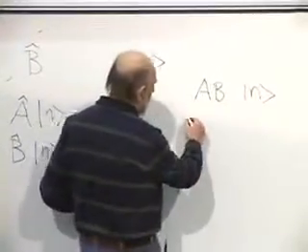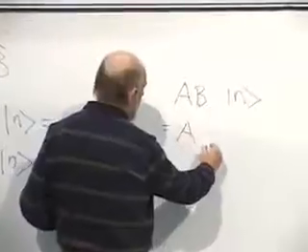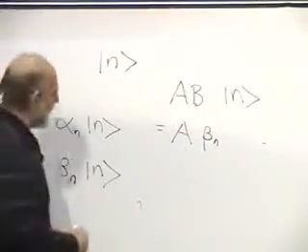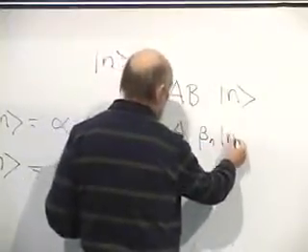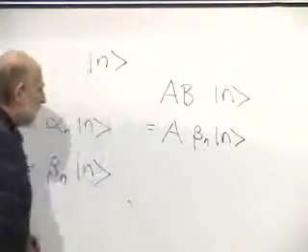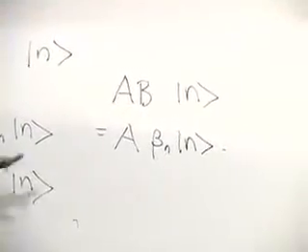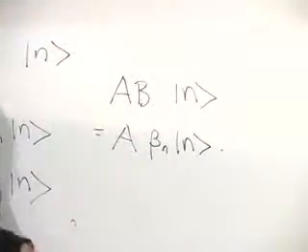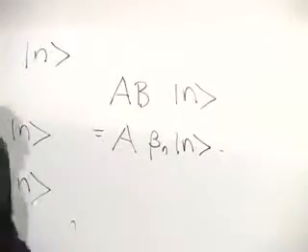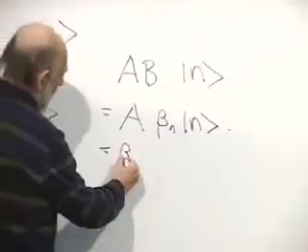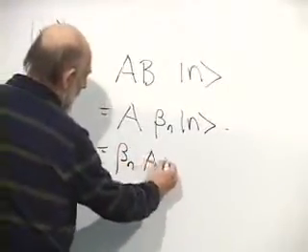So we can rewrite this as A times the number beta n times n. Now beta n is not an operator anymore, it's just a number. We can take it out, put it on the left-hand side of the operator A. And so that becomes beta n A times n.